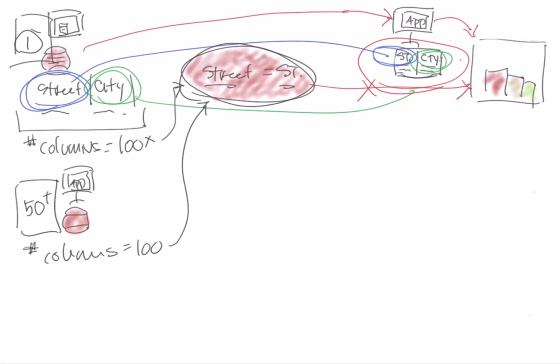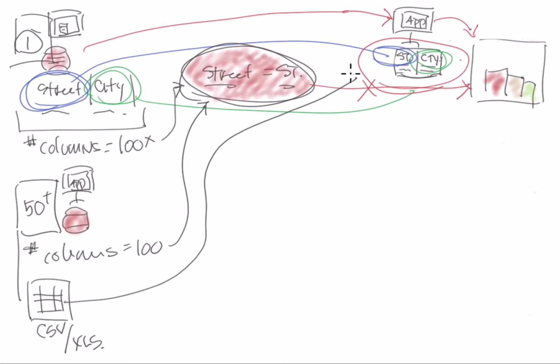And so for many environments, let's say you don't have the MLOps environment up, what do I do? Well, then the alternative here is to download this to a structured file, maybe a CSV or XLS file, right? And now I want to import this directly into this app. Well, remember that these fields right here, this column is still street, and this column here is still city, or whatever it is.